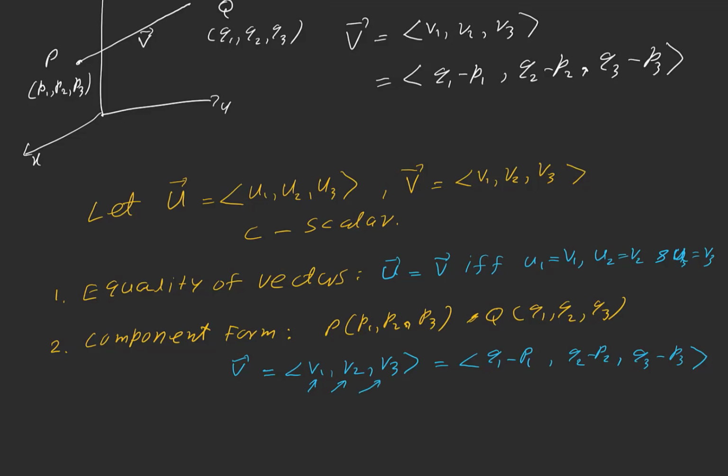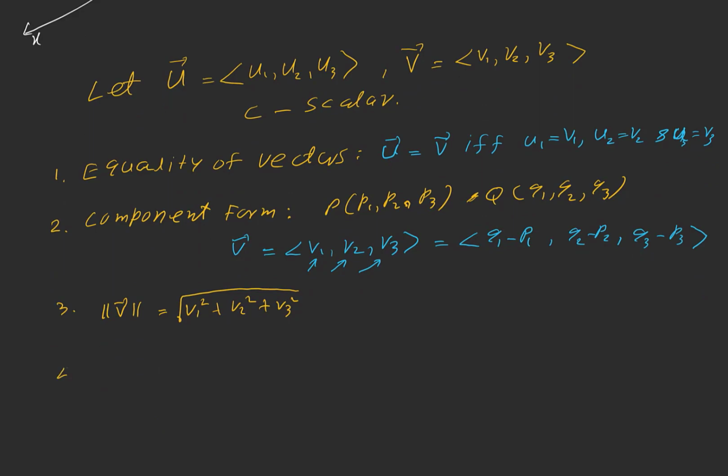Then how do we find the length? You already know: the length of the vector is the square root of v1 squared plus v2 squared plus v3 squared. Fourth one, the unit vector in the direction of v.